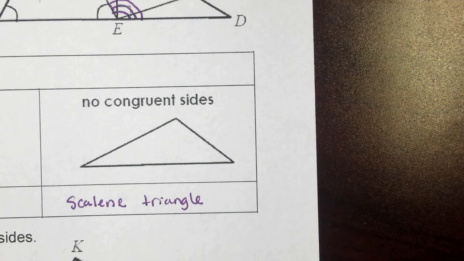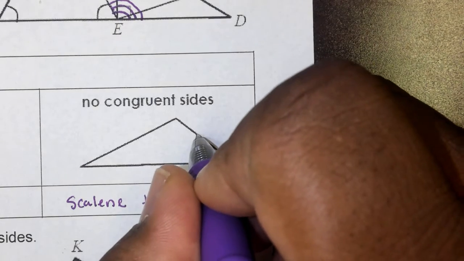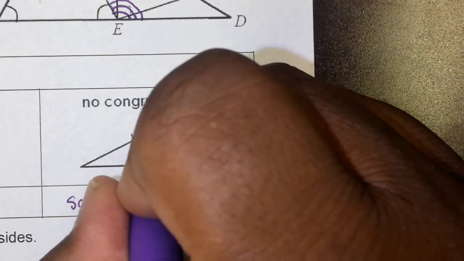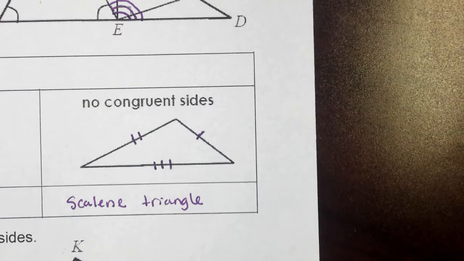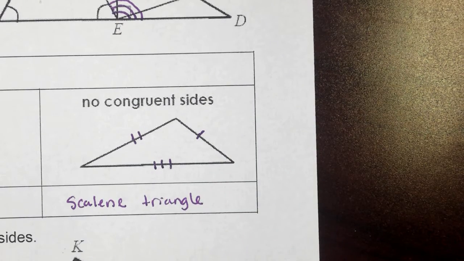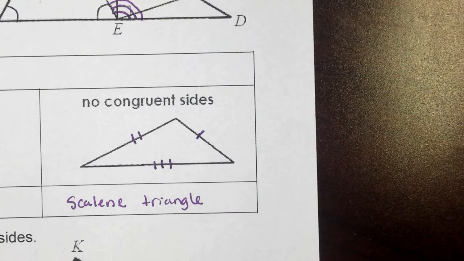So scalene triangle, none of my sides are congruent. If they would ever mark this, you would see the markings on this triangle like this, indicating that none of the sides are the same. Every side has a different amount of markings on it.